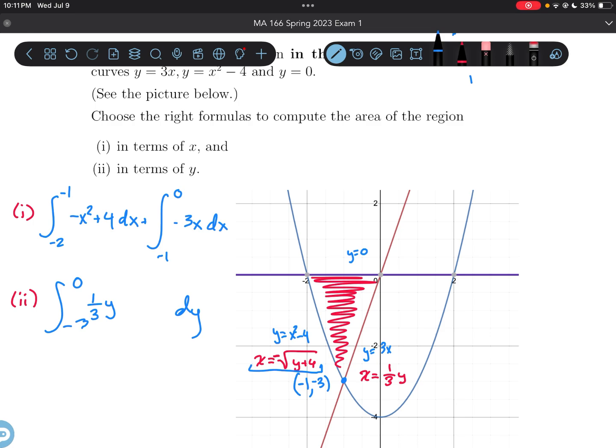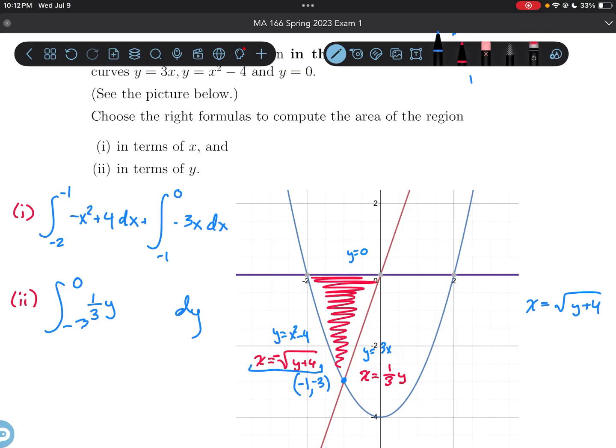The function x equals the square root of y plus 4 would be this curve that starts over here and goes this way, and clearly that's not what we're looking at. We're looking at the opposite, which is x equals negative square root of y plus 4. That's because when it comes to functions, there's only one answer to the square root, which is positive. We only consider the positive square root.